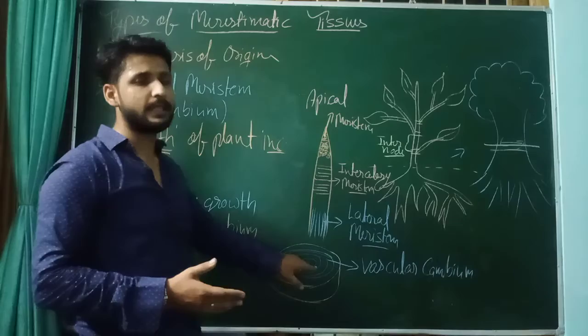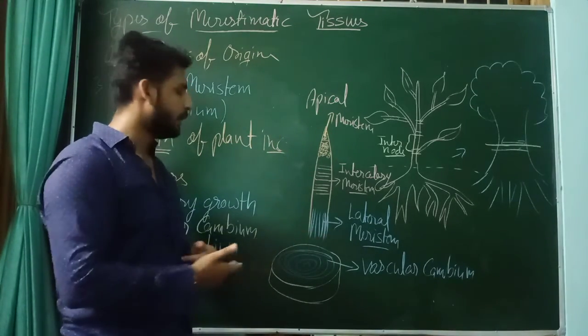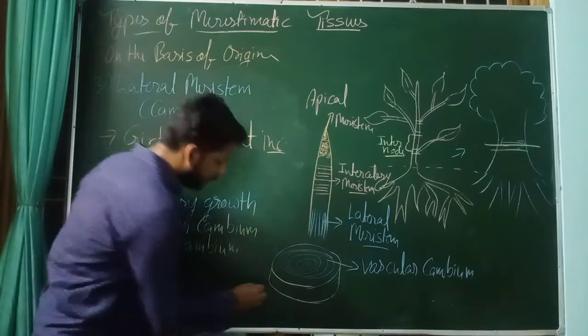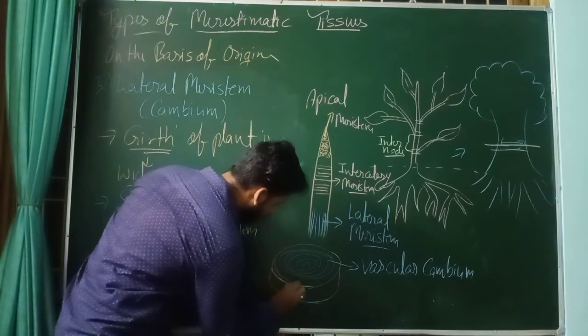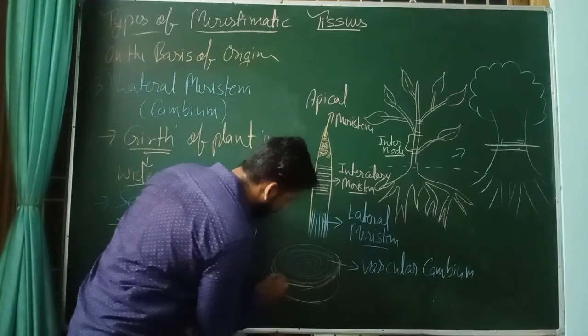Xylem tissue is present in the center and phloem tissue is present at the periphery. Here we can also see this outer part, the bark.